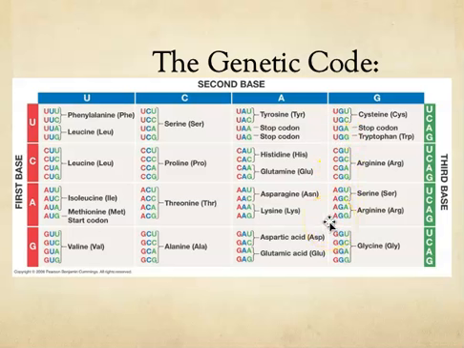And that's what the genetic code is. All living things on this planet use the exact same genetic code. Let me say that again because it's very important. All living organisms on this planet use the exact same genetic code. That's another piece of information that we are all related to each other through evolution.